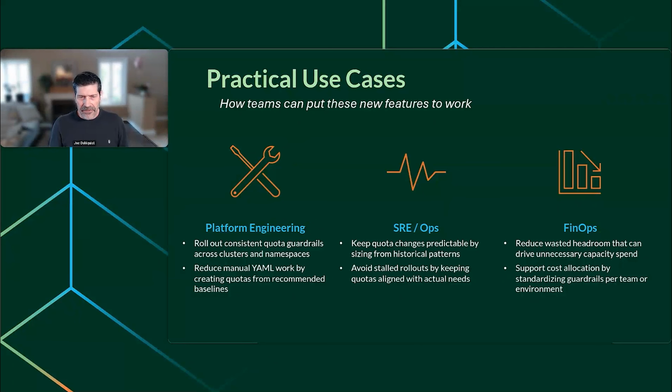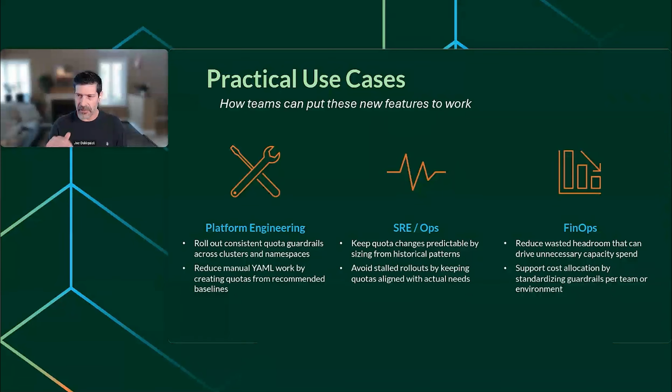Setting golden paths and guardrails across your clusters, across your namespaces, reducing that manual, often mistake-prone, human error fraught process of updating YAML files, and being able to start from recommended baselines that have some historical data to back those recommendations.